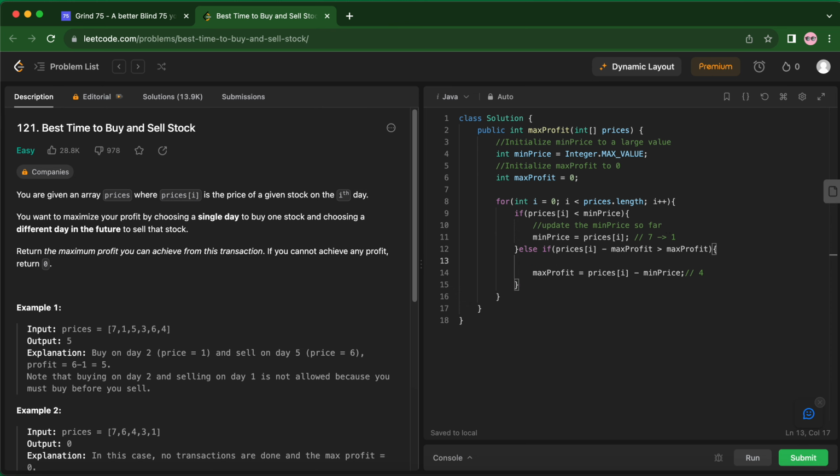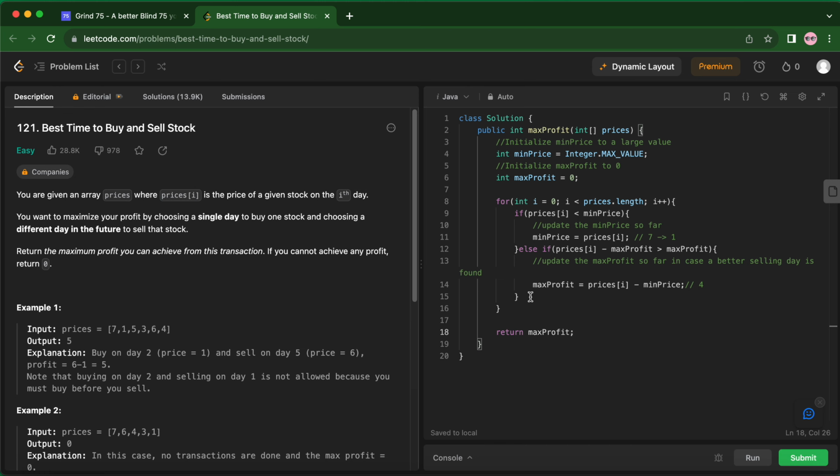And here we are going to say update the max profit so far, in case a better selling day is found. Okay, now our maximum profit is 4. Whenever the loop ends, we are going to just simply say return max profit.